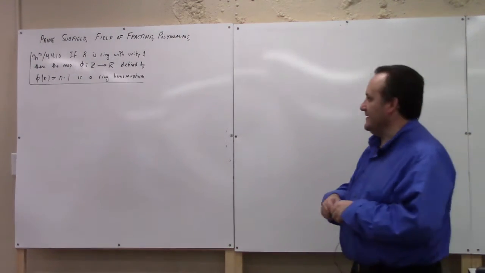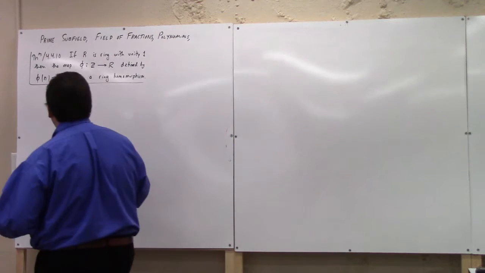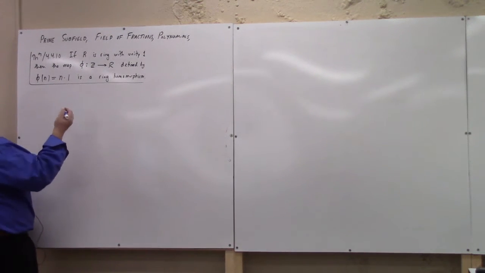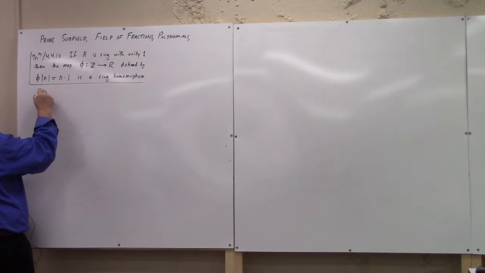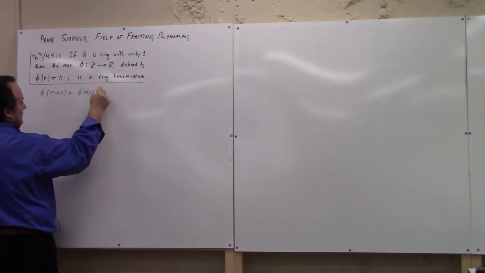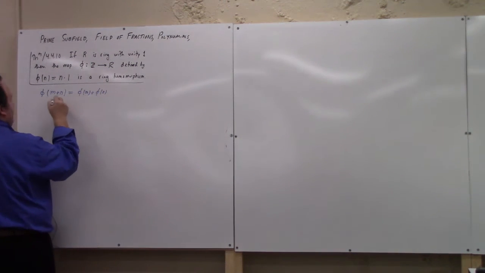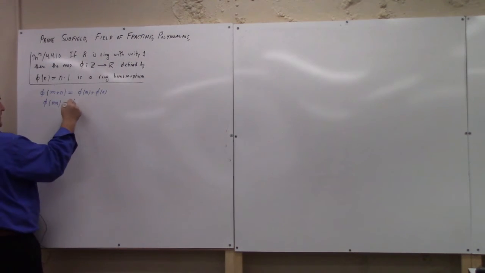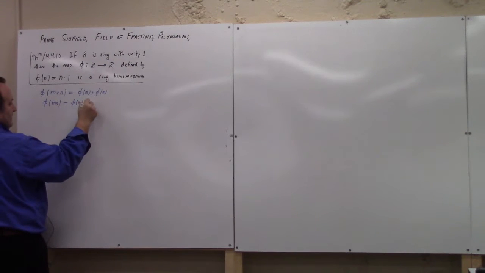To go through the details of this proof would be rather involved. But essentially, to prove that this is a ring homomorphism, we need phi of m plus n equals phi of m plus phi of n, right? And we need that phi of mn is phi of m times phi of n.